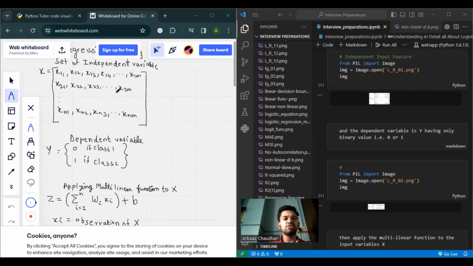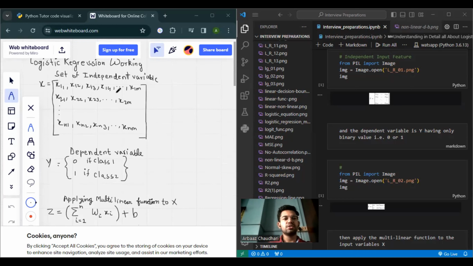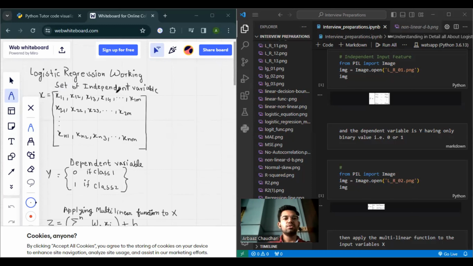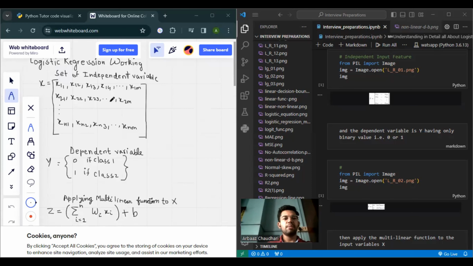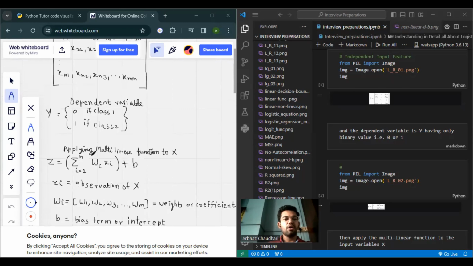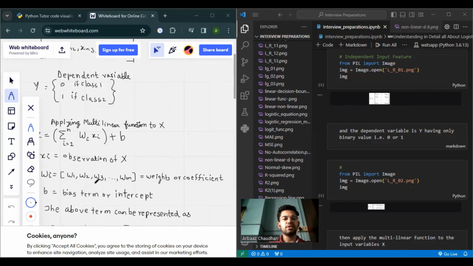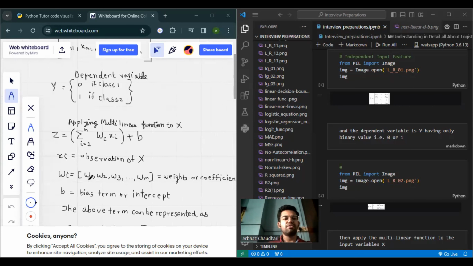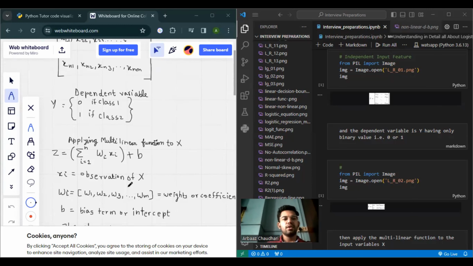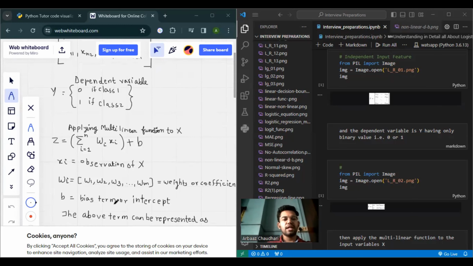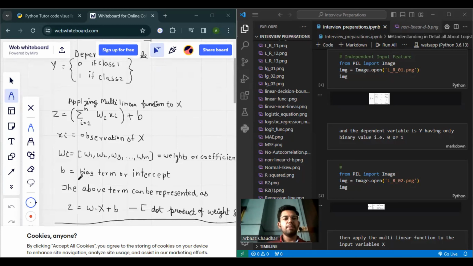This is what real world data looks like, and not all the features always contribute majorly. Some of them are not contributing and some are contributing very highly. So we are able to find this out with the help of weights, the coefficients. These are the weights for the x1 feature, this is the weight for the x2 feature, and it goes on till the last feature. Okay, and b is the bias term.